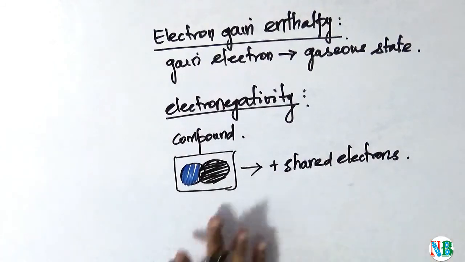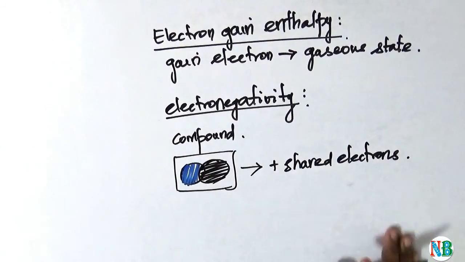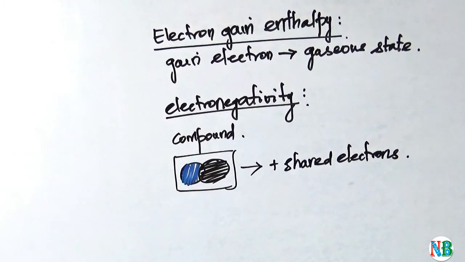is called electronegativity. This electronegativity is not measured, cannot be calculated. Okay, it depends upon the compound, it depends upon from where the shared electrons are being taken. So it cannot be said that it is this much or this much, but we do have measuring implements which we use to measure this electronegativity.